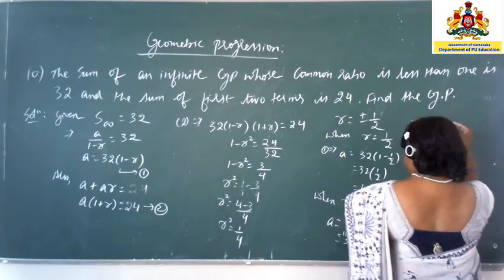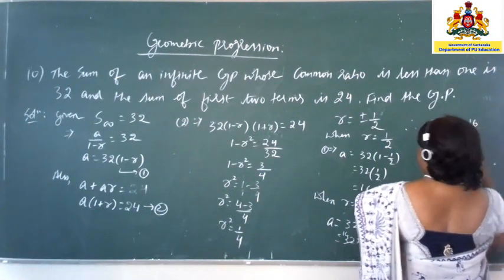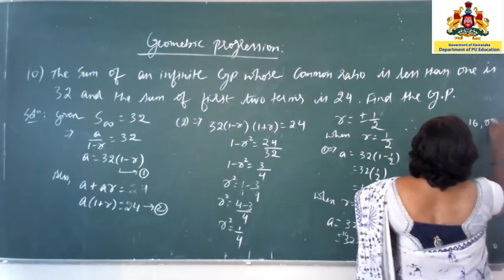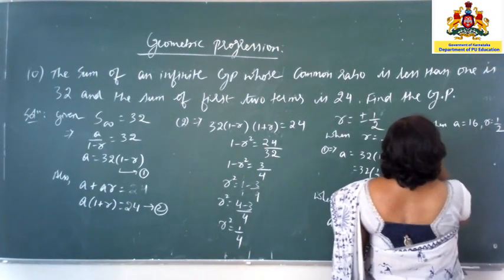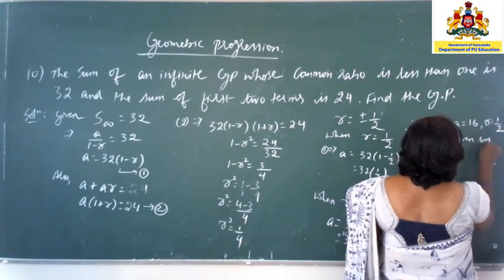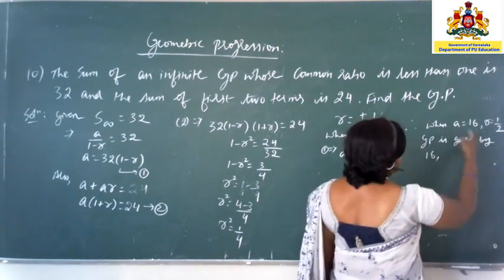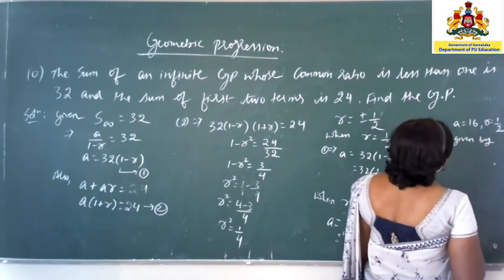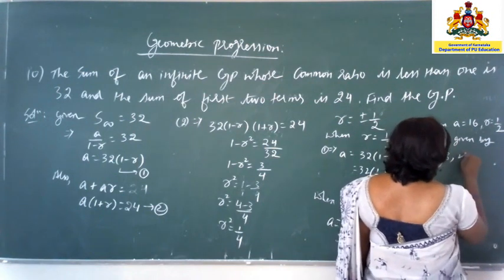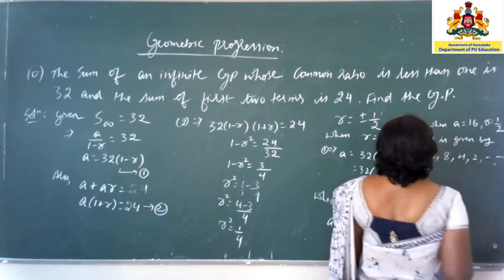So therefore, when a is equal to 16, r is equal to 1 by 2. The GP is given by a, 16, then ar, 16 into 1 by 2, which is 8, then 8 into 1 by 2, 4, then 4 into 1 by 2, 2, and so on.